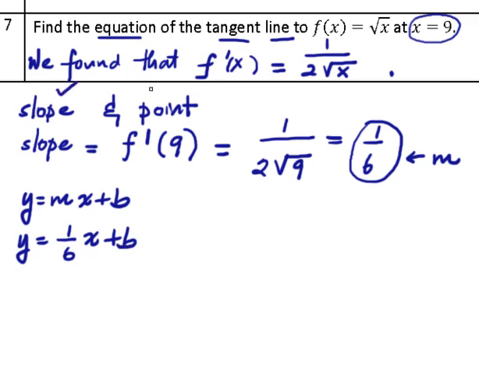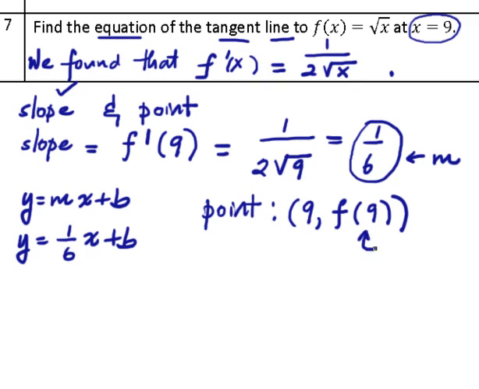So we have a slope, now we need a point. Well, we have the x value of our point, x equal 9. And y is equal to the corresponding y value, f of 9, not f prime of 9, f of 9. So that would be the square root of 9, which is 3. So the point is 9, 3.